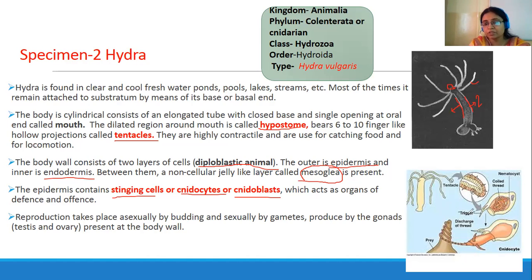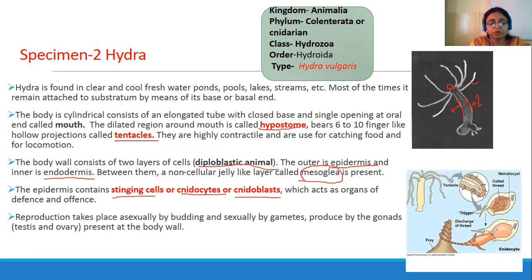But when some predator approaches, or when this hydra wants to feed upon its prey, at that time it will simply throw its coiled thread out onto its prey, and it captures its prey, paralyzes its prey and simply eats it up. The same mechanism goes for the predator.